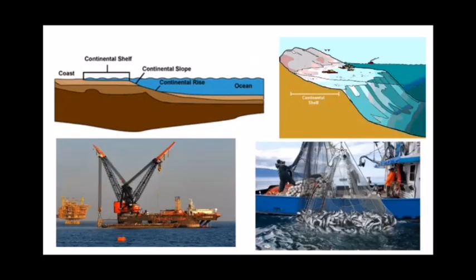The first one is the continental shelf. So children, the land near the coast that is submerged is called the continental shelf. Submerged means that it is under the sea or water. This is the shallowest part of the ocean bed. That means the continental shelf is not deep.